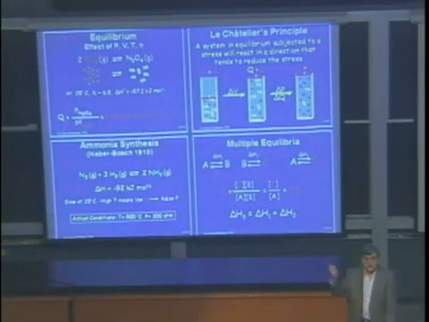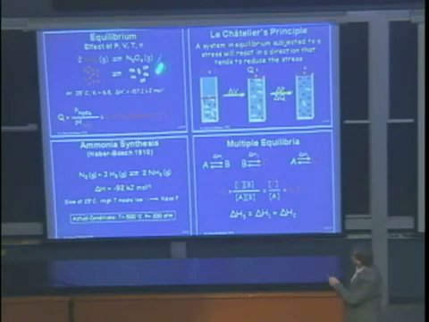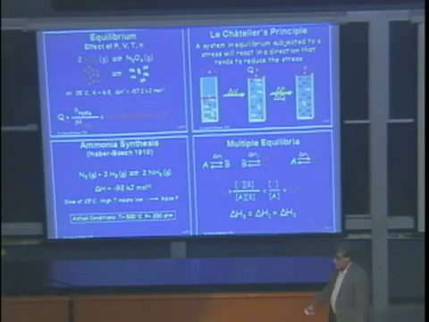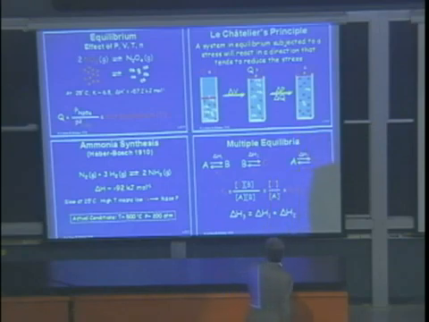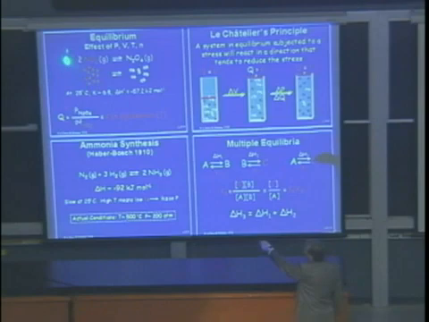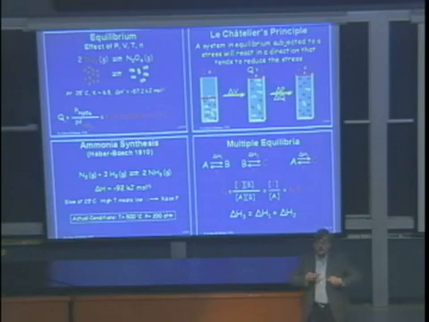It will make more until it's back in equilibrium, because the concentration is out of whack, so to speak. If you take this away, Q gets smaller than K, so you need to make more of this stuff. Or if you add some more NO2, what will it do? It will equilibrate until Q equals K, until it's back in equilibrium.